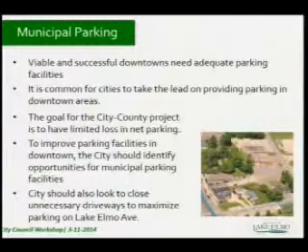You're also going to have all of your spots striped, and right now it's basically a free-for-all type scenario. Whereas when you extend out some of these, do some of the bump outs, and do some of the streetscape improvements, it's likely that you will lose a little bit of parking. So I think it would be the city's goal, if we did look at municipal parking, to have no net loss, but actually a net gain at the end of the day, so that more of these businesses can get their customers in and out of downtown.